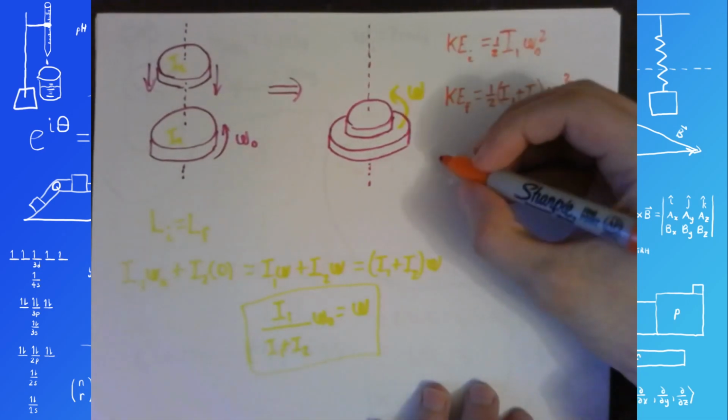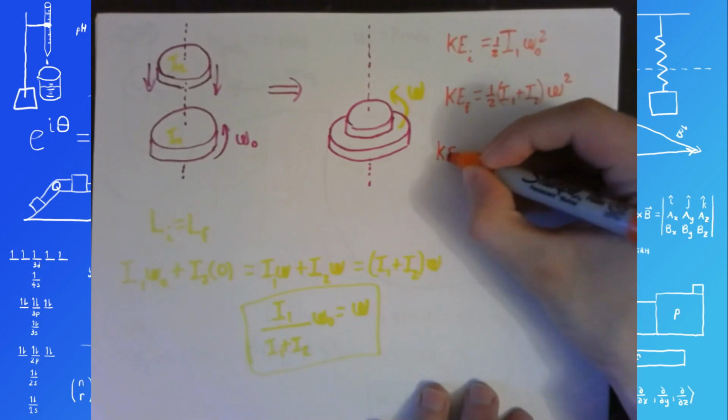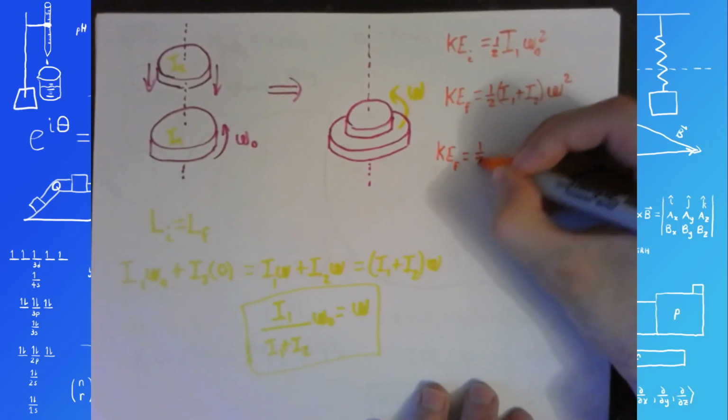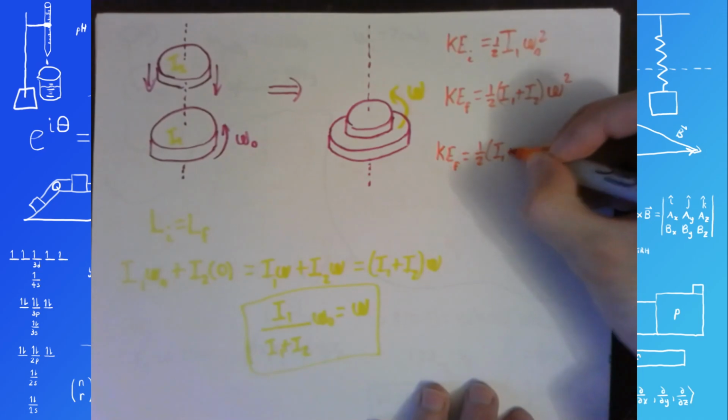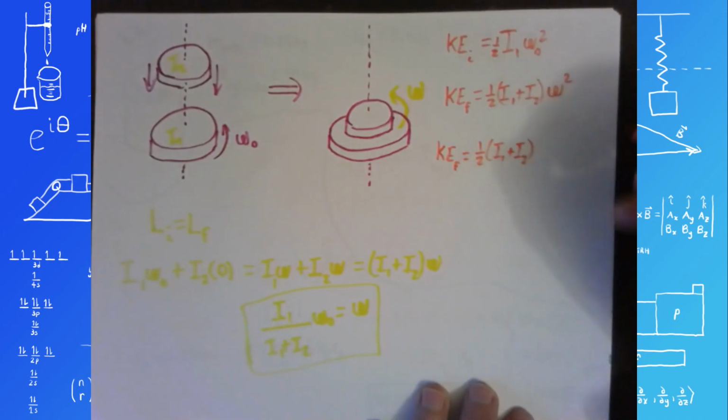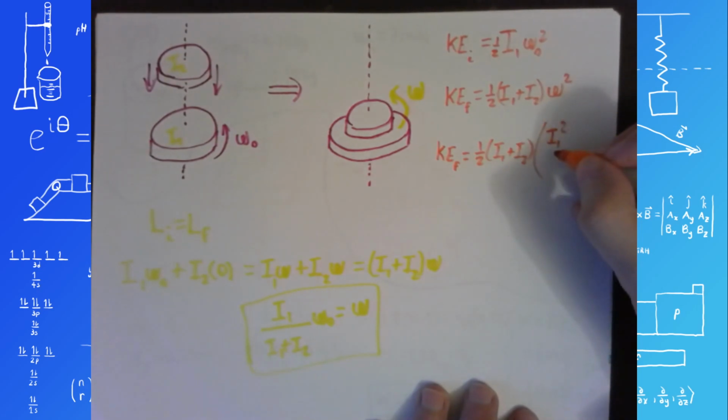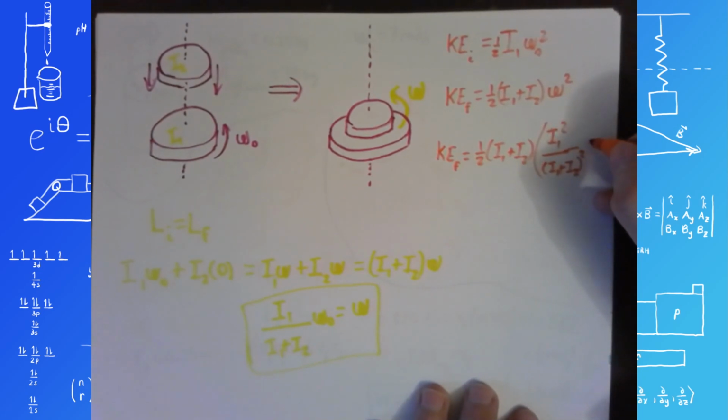So I can do KE final equals 1/2 (I1 plus I2) times, oh boy, we're going to have (I1 squared) over (I1 plus I2) squared, times omega 0 squared.